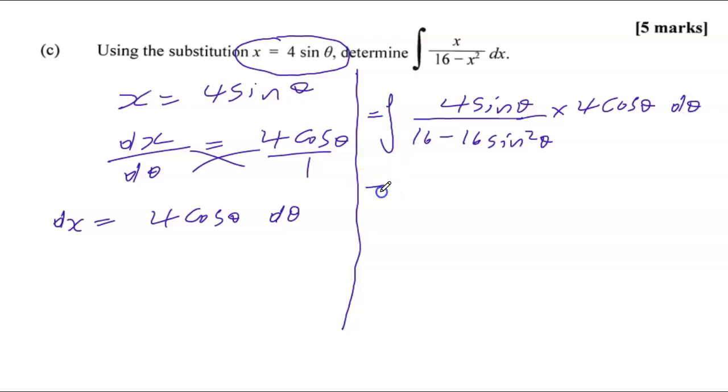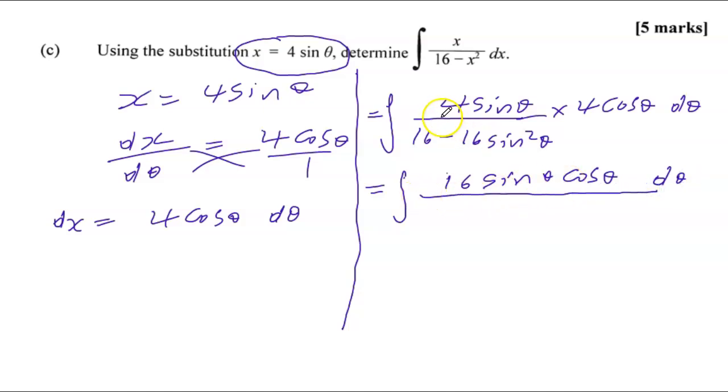Let's try and simplify this now. So what we have up here is 4 times 4 is 16 sine theta cos theta d theta. So now we're integrating with respect to theta. In the denominator, I can factor 16, so I'm left with 16 into 1 minus sine square theta.